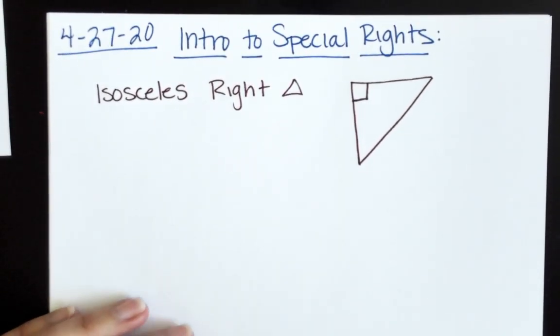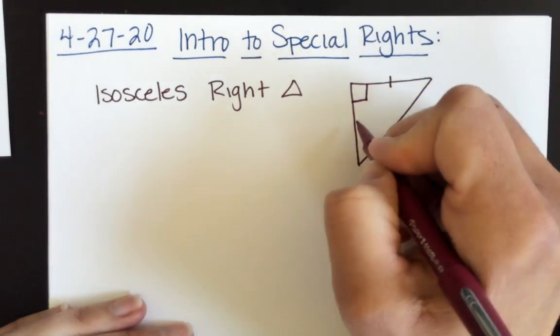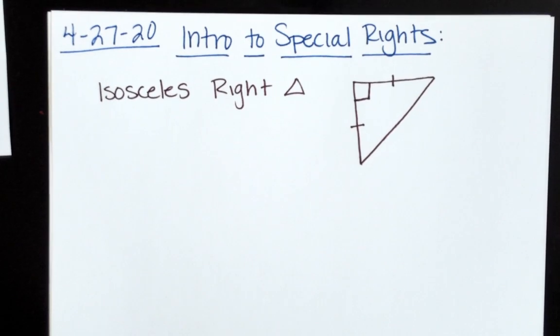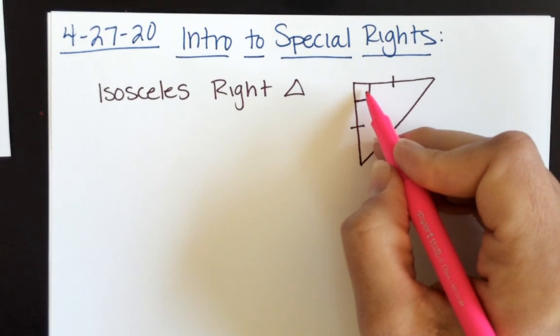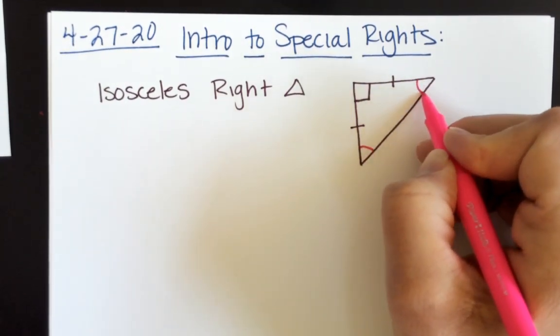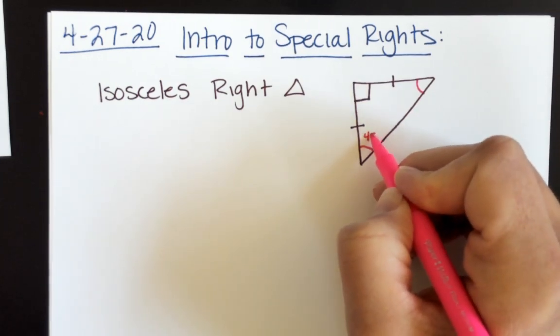We know that the only two sides that could possibly be congruent have to be the legs, because the hypotenuse is supposed to be the longest side. And you have your 90-degree angle here, and our two complements that are out here end up becoming 45 degrees.